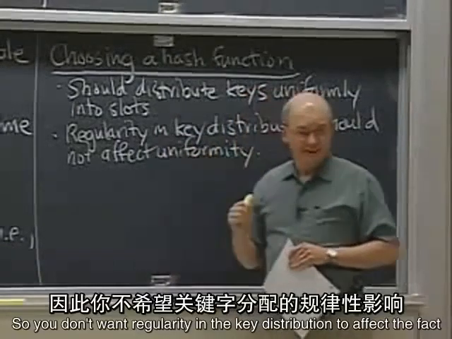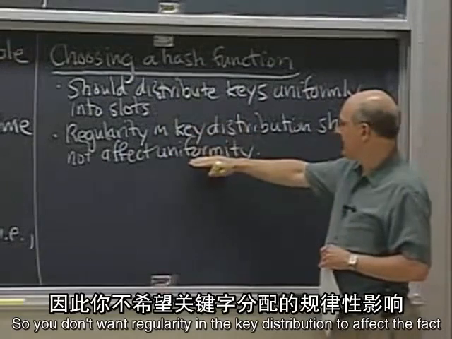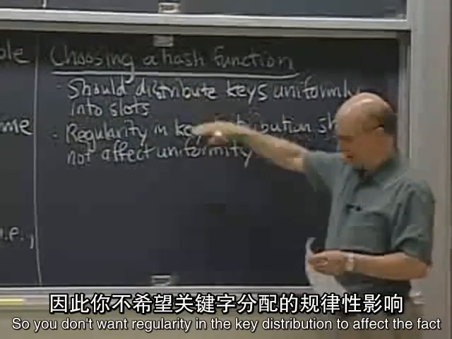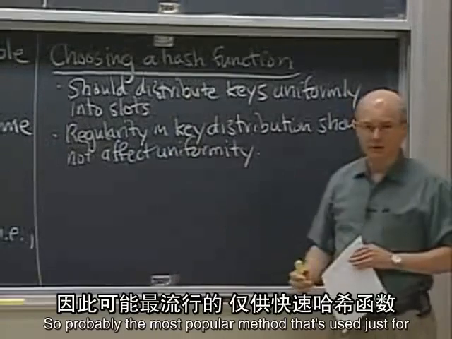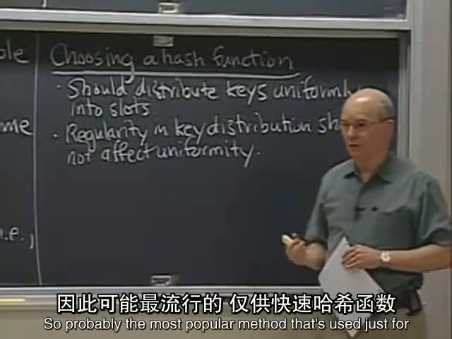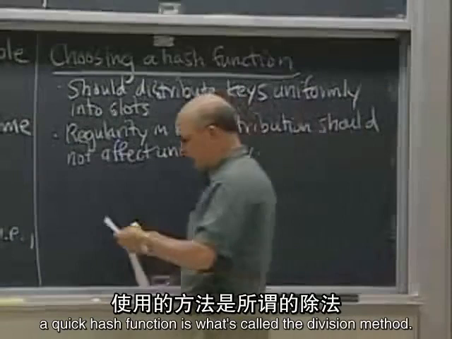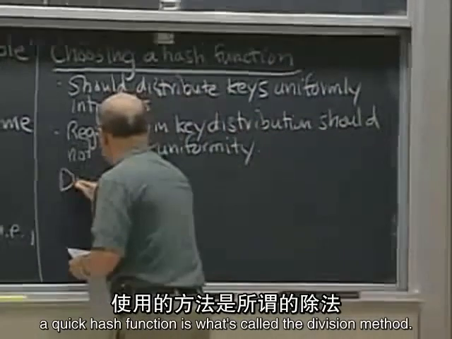So you don't want regularity in the key distribution to affect how you're distributing into slots. Probably the most popular method used for a quick hash function is what's called the division method.